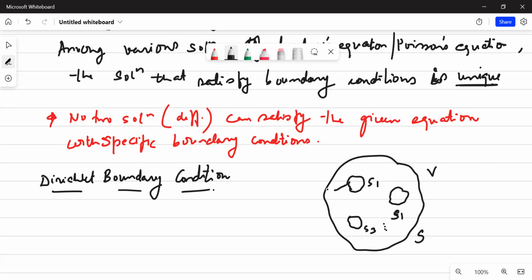The value of the potential is known. Additionally, the potential is also known on the surface itself.